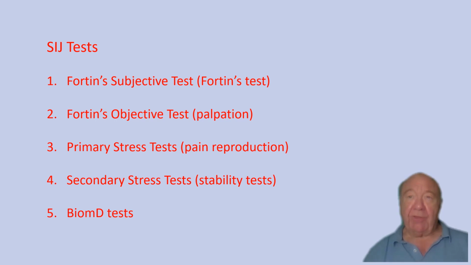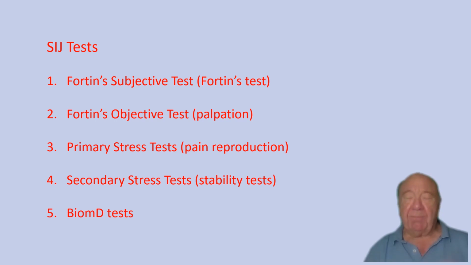The research on this was done, but didn't have controls. It was all done on SI joint patients. So it looks to be very, very close to being 100% sensitive. It's probably 90% or maybe better. Specificity, we don't know. I find the test actually fairly reliable for identifying SI joint problems.